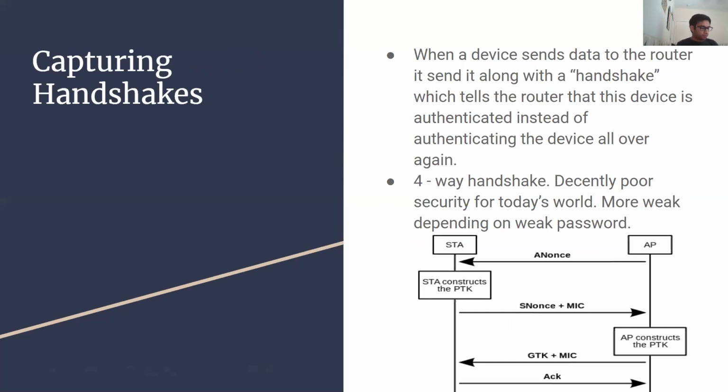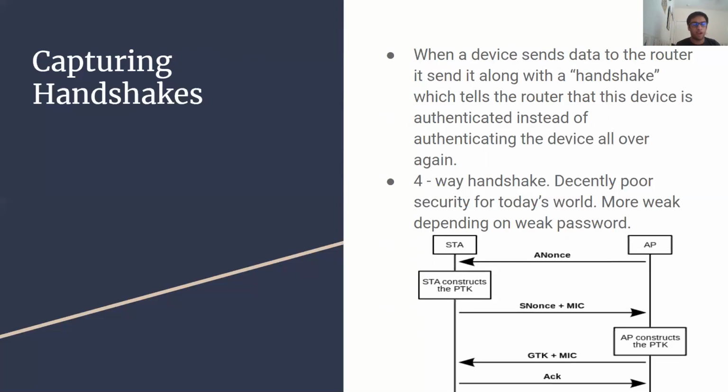So another way to crack WPA2, instead of capturing the packets, the password, and then trying to crack the password, is to capture the actual handshake. What a handshake is: when devices are connected to a router and you're sending data, you send it with some extra code, which is known as a handshake.